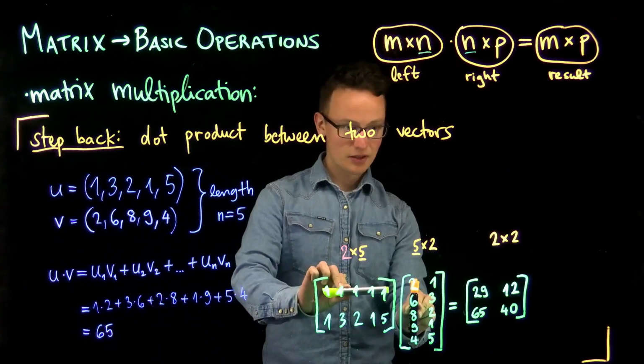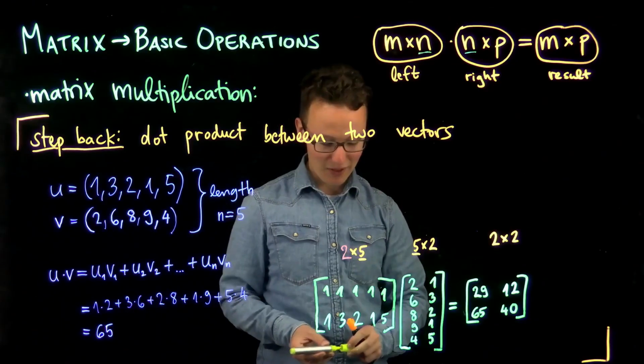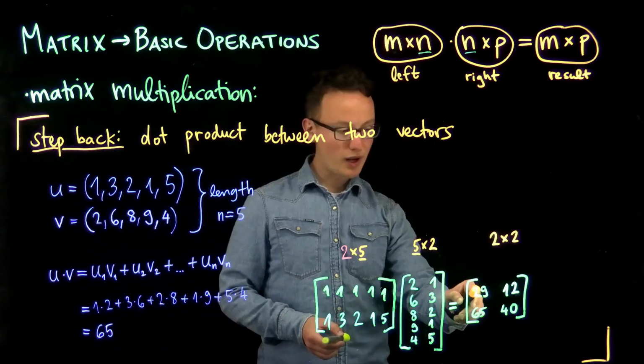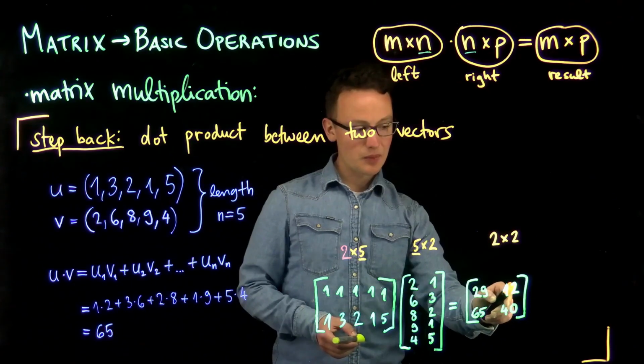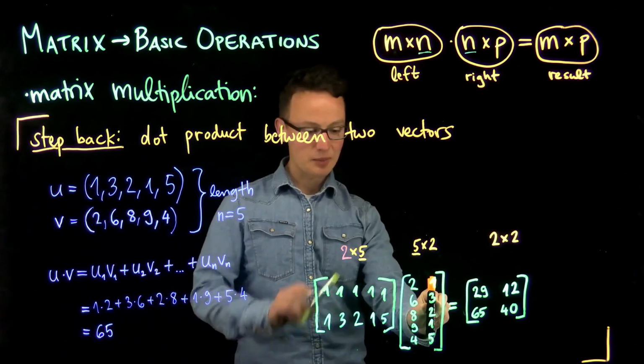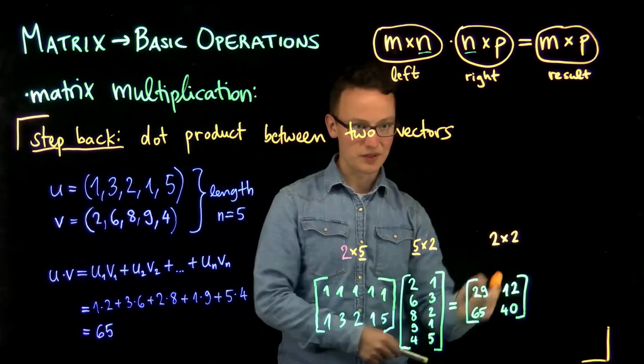And this dot product will give me this 29 as a result here. If I go one cell to the right, I'm saying, okay, now I moved one column to the right, so now I want the second column vector on the right side, but still the first row vector on the left side. And these two together will give me this 12 as a result.